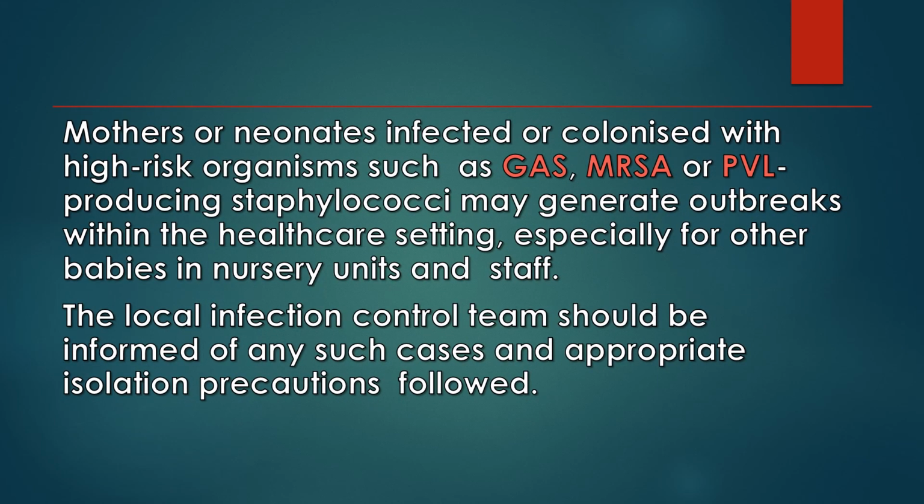Mothers or neonates infected or colonized with high-risk organisms such as Group A Streptococcus, methicillin-resistant Staphylococcus aureus, or Panton-Valentine leucocidin producing staphylococci may generate outbreaks within the healthcare setting, especially for other babies in nursery units and staff. The local infection control team should be informed of any such cases and appropriate isolation precautions followed.